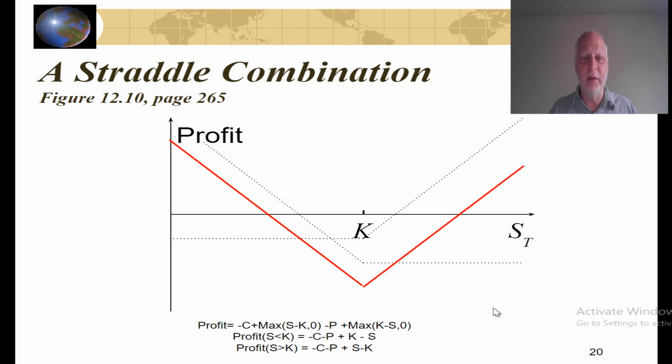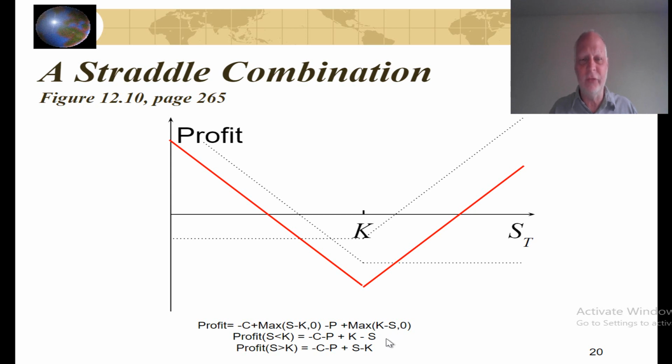And this can be created by going both long a call and long a put. So here we have our long call, here we have our long put, both with a strike price K. So the payoff on the day of expiration is minus C plus max S minus K comma 0 minus P plus max K minus S comma 0.